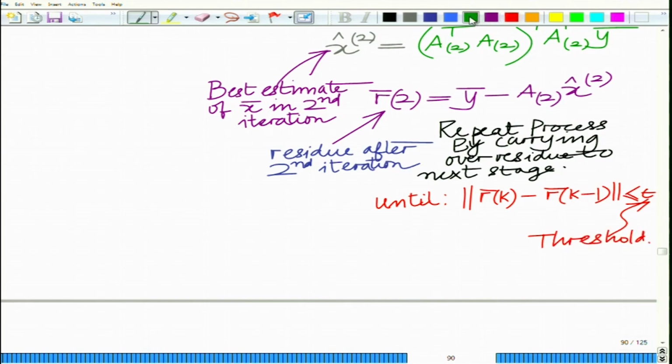So what we are saying is repeat until the difference between residues is smaller than epsilon, that is, the residue does not decrease any further. Okay.